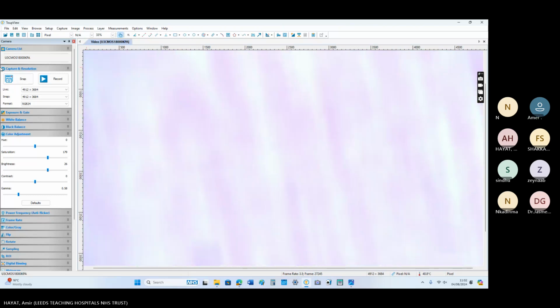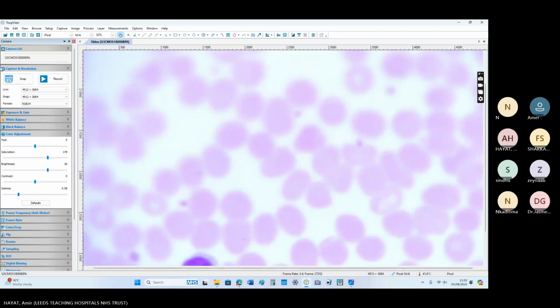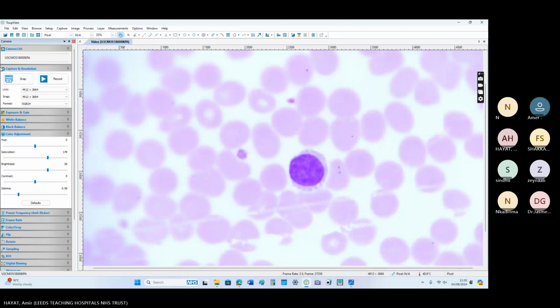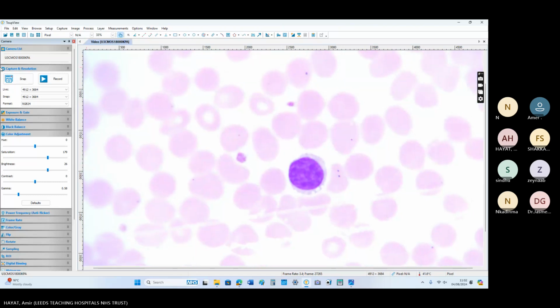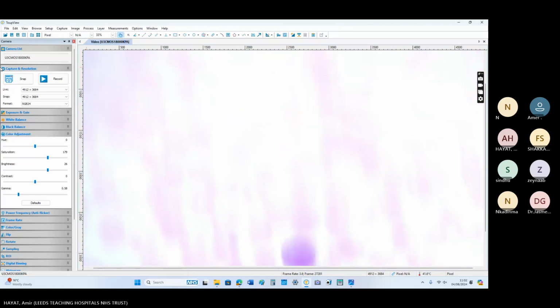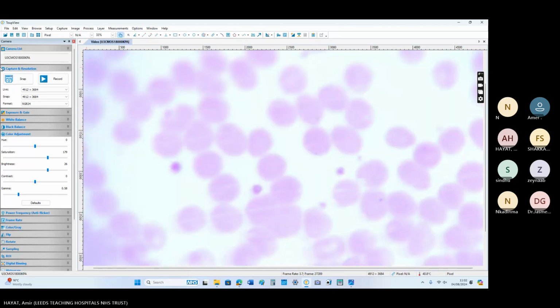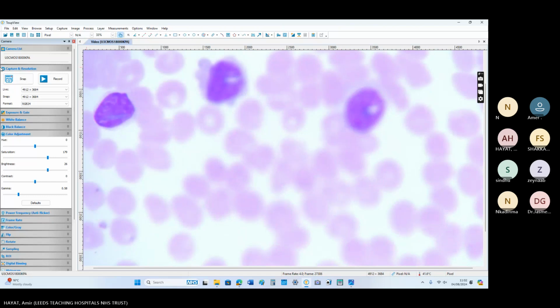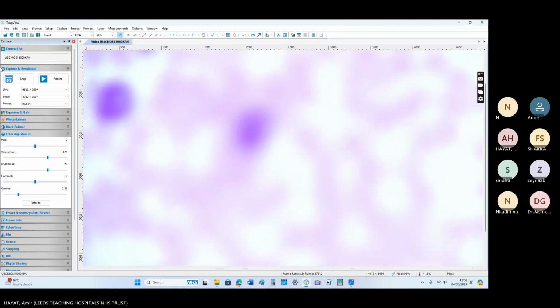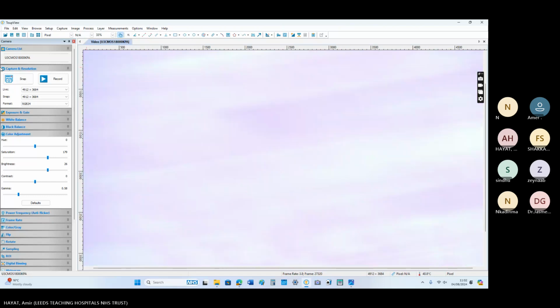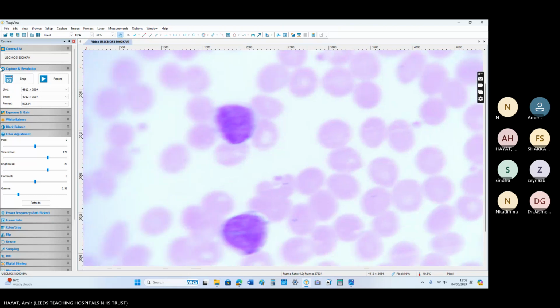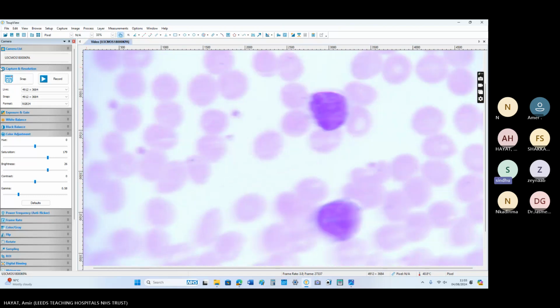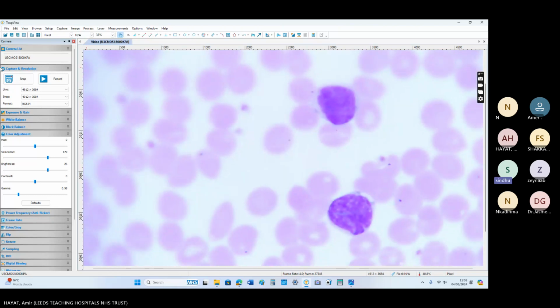Small one. This one is looking like a cerebriform, lower one.